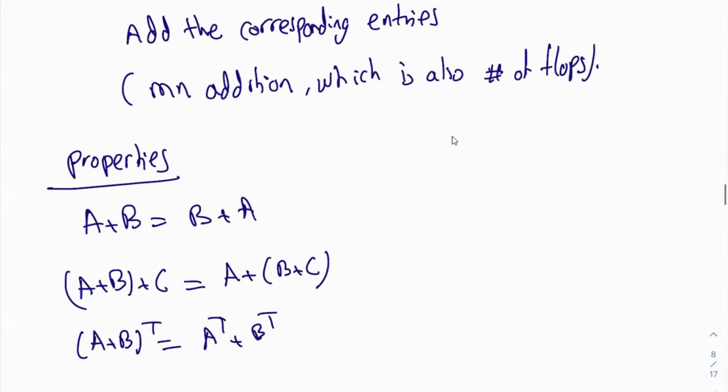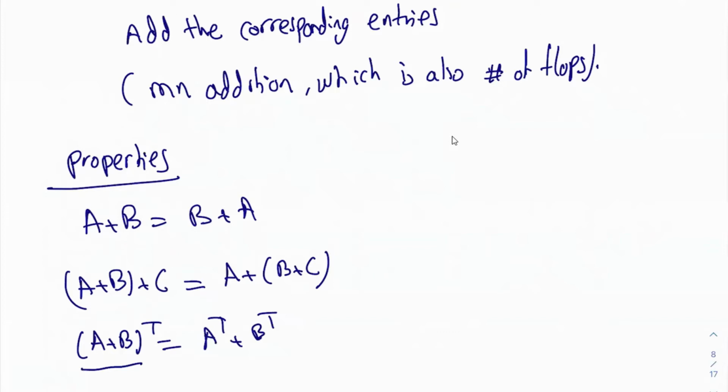Now, we have properties of addition that are fairly basic. It says that A plus B is equal to B plus A, and A plus B plus C can be grouped either way. We can switch the order. We can write A plus B plus C; first, we can add B plus C and then add that to A. And now this one that is quite important: A plus B transpose, you can bring the transpose inside the parentheses. You can say A transpose plus B transpose.